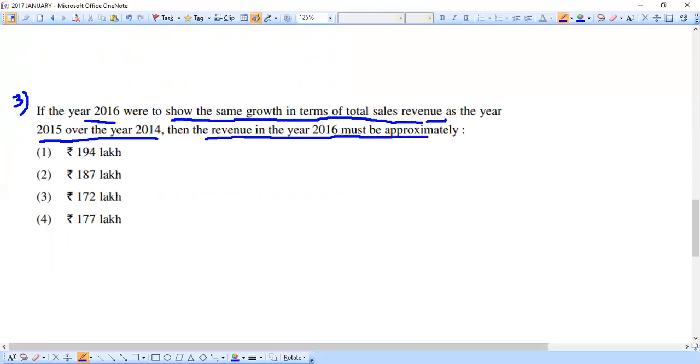They have asked for the approximate revenue for the year 2016.